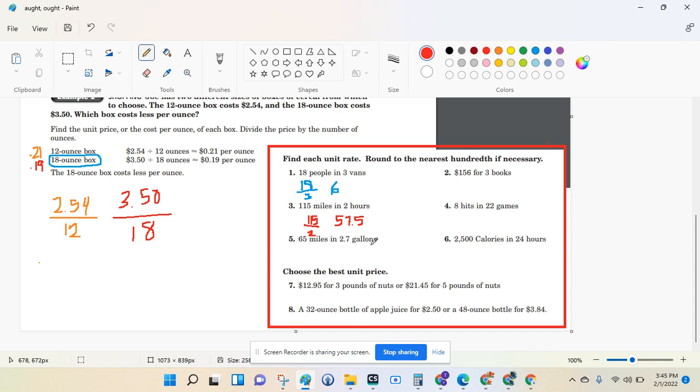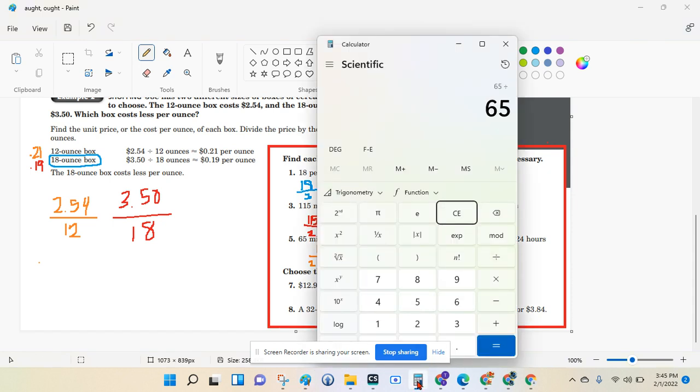Okay, here we've got 65 miles and 2.7 gallons. This one is another where they're trying to figure out the miles per gallon. So if we take 65 and divide that by 2.7, or 2 and 7/10, that gives us a decimal.